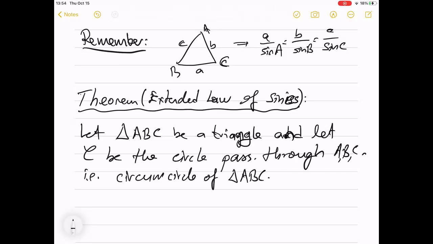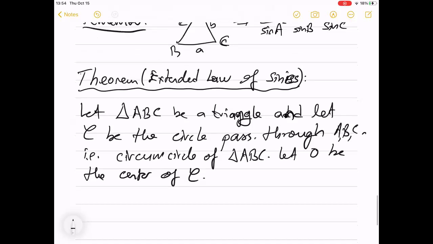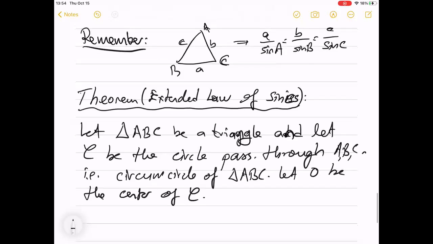So let O be the center of this circle C, and let R be its radius. I will draw a picture in a moment.